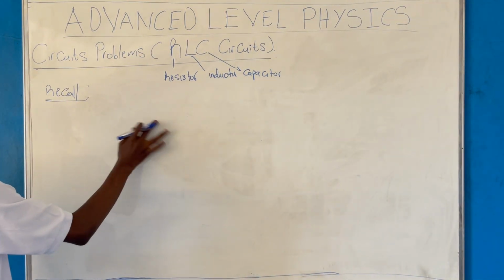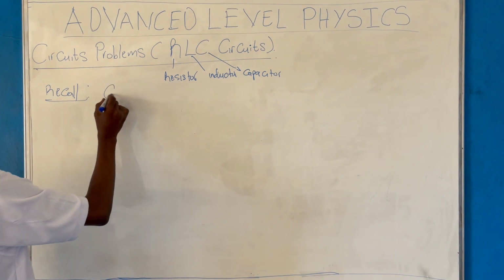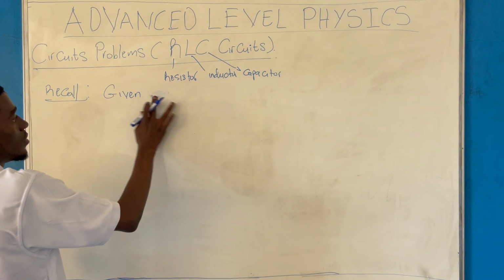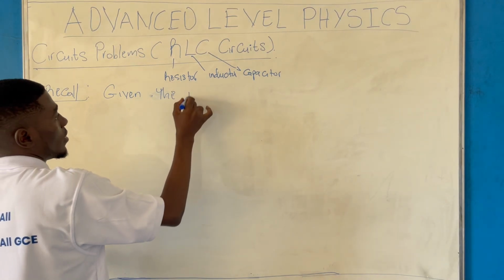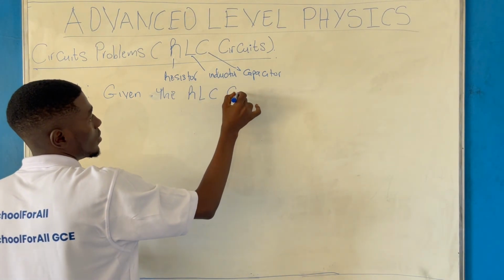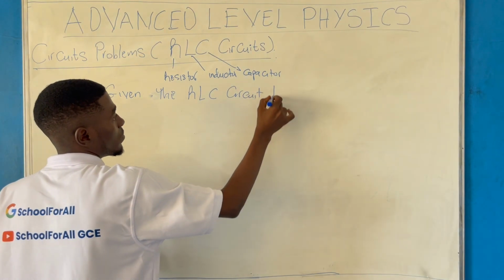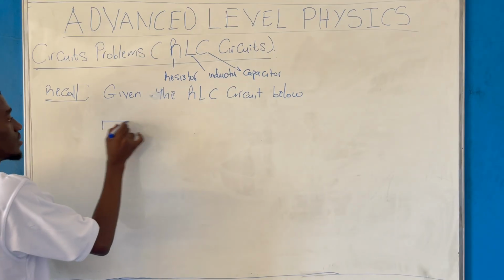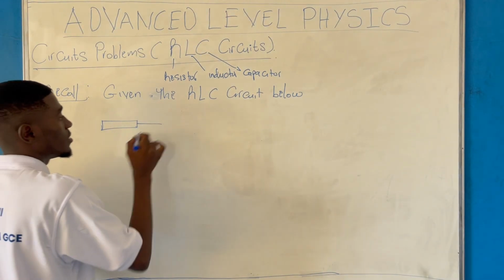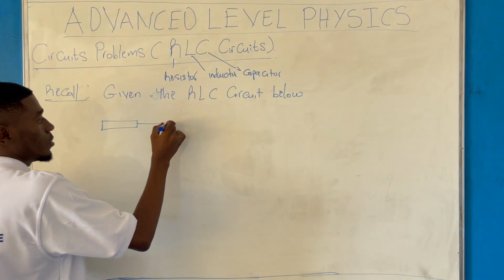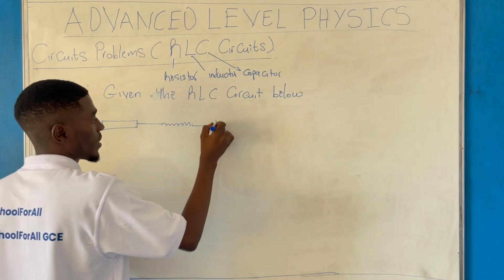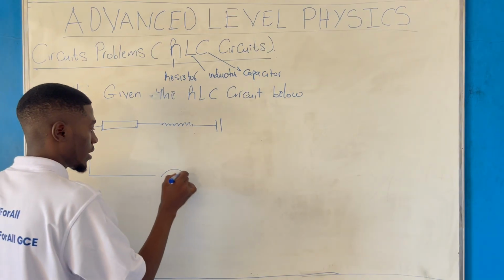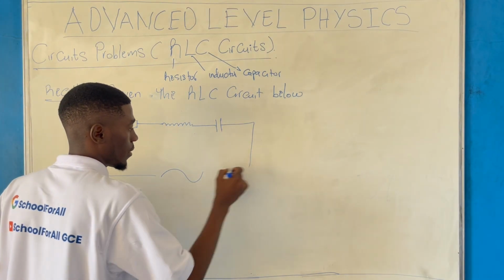Now, the small recall: given the RLC series below, I should have a resistor connected in series with an inductor and then a capacitor. All these should be connected across an AC supply.